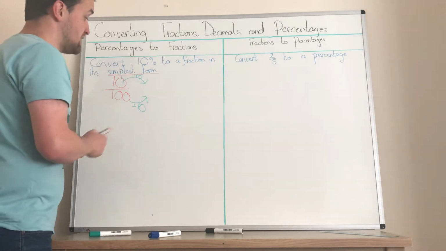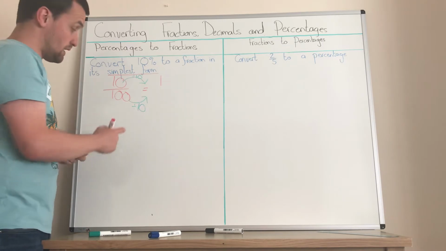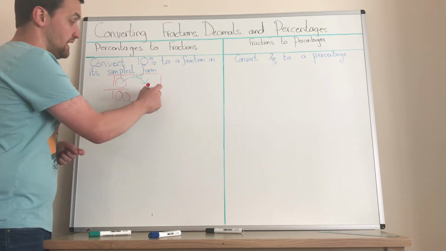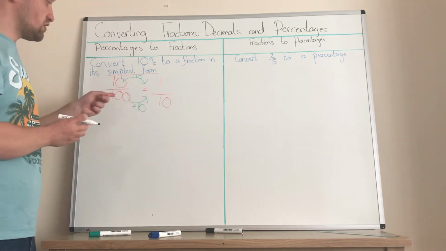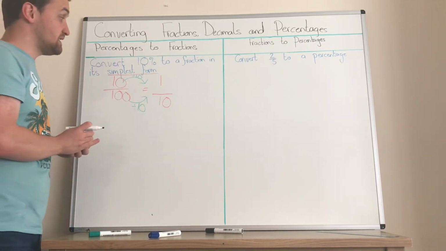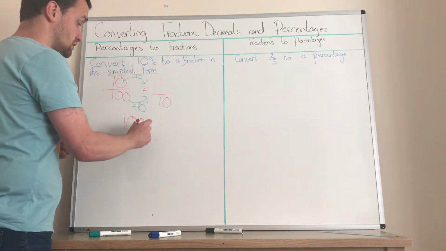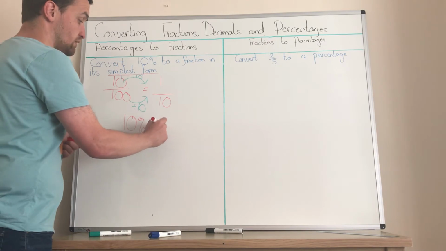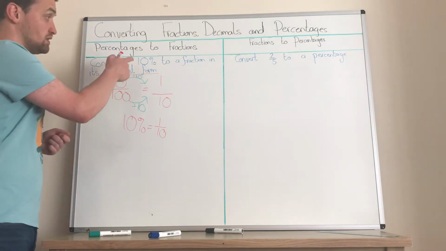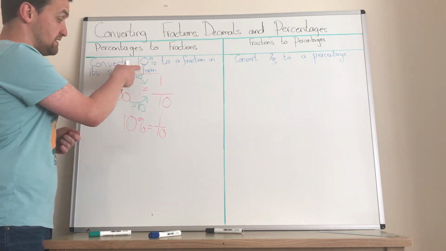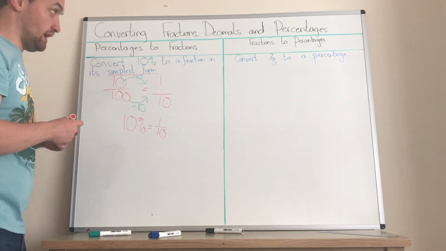So 10 divided by 10 is 1, and 100 divided by 10 is 10. So therefore, 10% is 1 over 10 in fraction form. That's not too bad. We take our percentage, put it over 100 and simplify it.